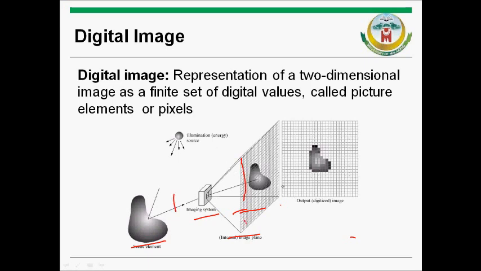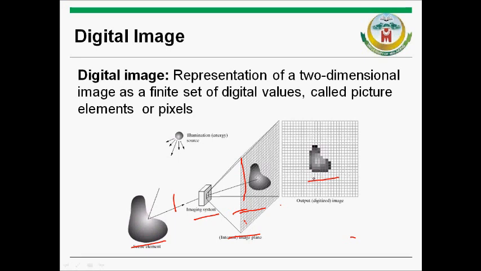And then when this scene is acquired on this image plane, then you have to digitize. This is a continuous representation of the scene. Then you have to digitize your scene, and this digitization is called an image. So you don't have this complete scene in continuous form, but you take some portion of the original scene and you represent it.